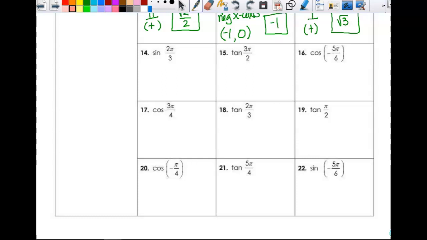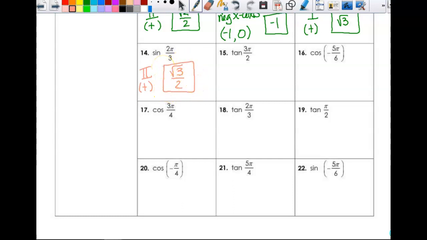All right. Gabriel, tell me what you got for the sine of 2 pi thirds. Yes, that's positive. Square root of 3 over 2. Very good. Okay, do we agree with that?